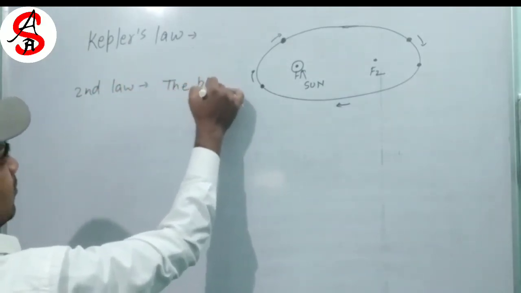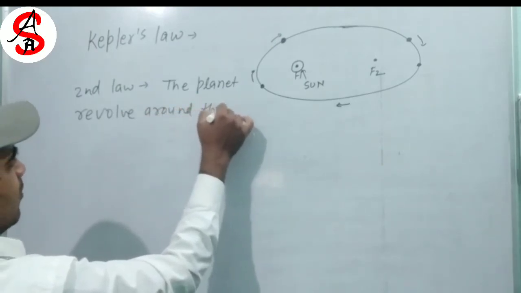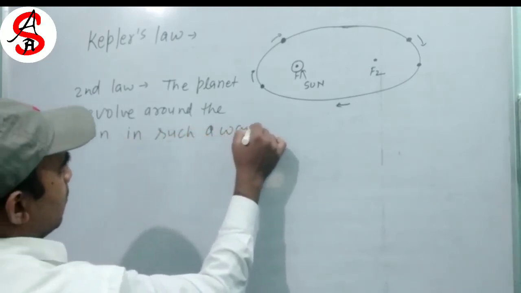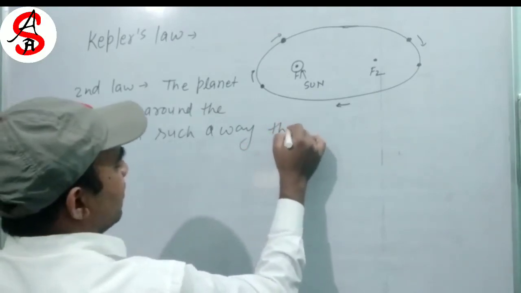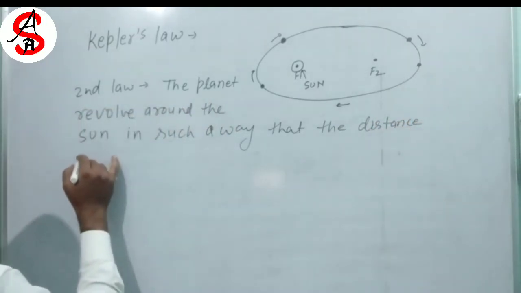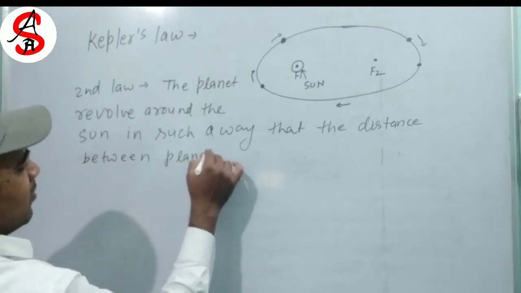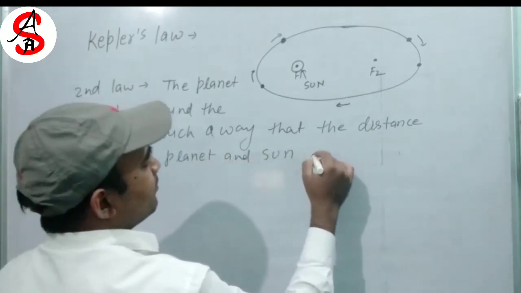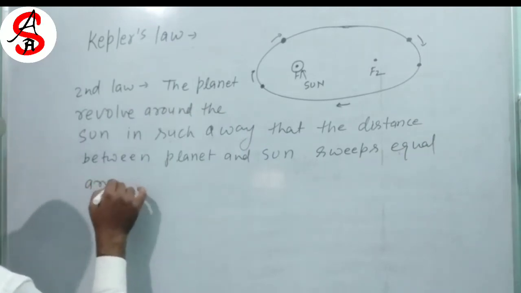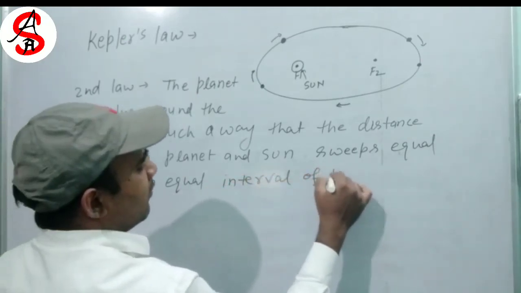The second law: the planet revolves around the Sun in such a way that the distance between planet and Sun sweeps equal area in equal interval of time.